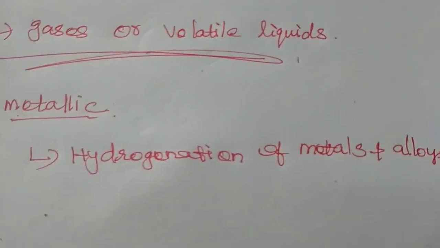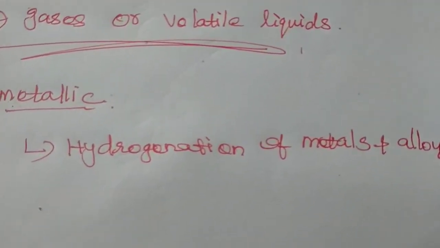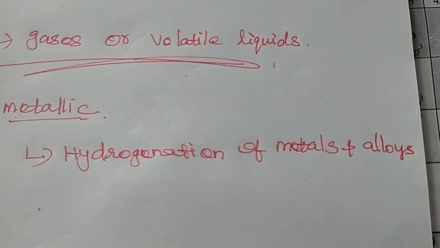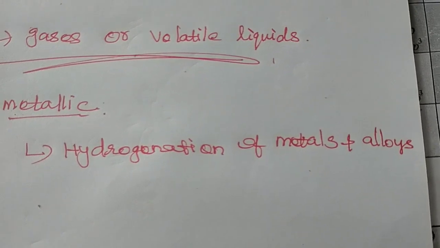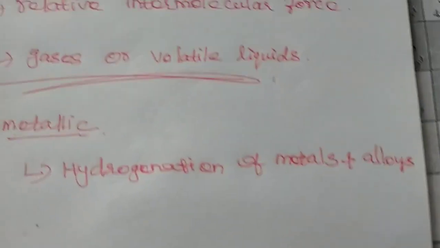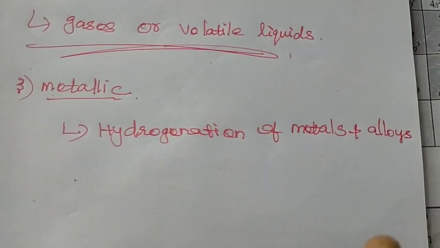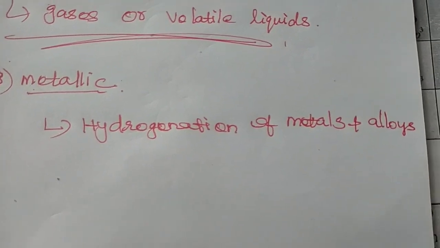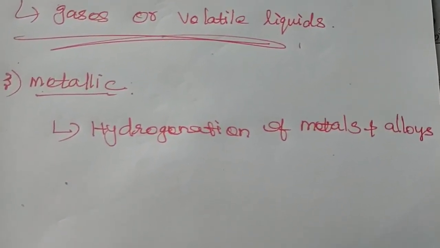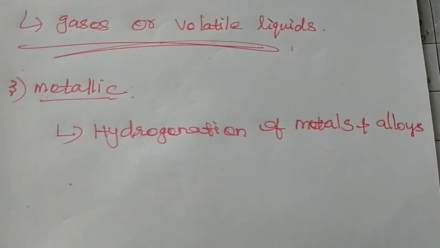In the process of hydrogenation of metals and alloys, the hydrogen reacting with the metal or alloy occupies only the interstitial sites, or the voids, of that metal. The space of the metal is occupied. Because the hydrogen is placed in the void or interstitial site, it is known as the metallic or interstitial hydride.